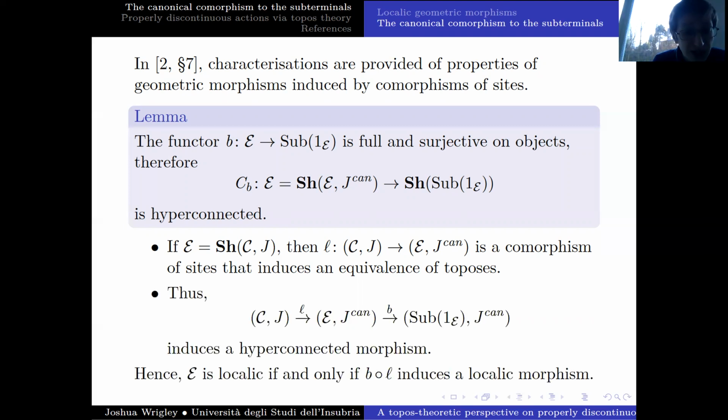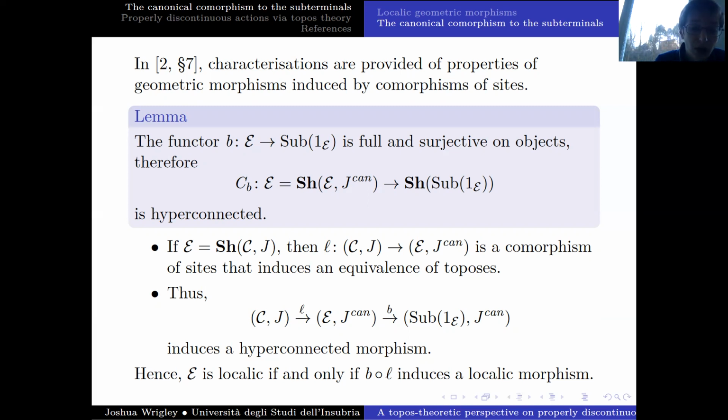And so when we take the composition of this canonical morphism followed by our canonical comorphism to the subterminals, we end up with a comorphism of sites which still induces a hyperconnected morphism. And it induces the hyperconnected geometric morphism to the sheaves on the subterminals, because of course that hyperconnected morphism is unique up to isomorphism.